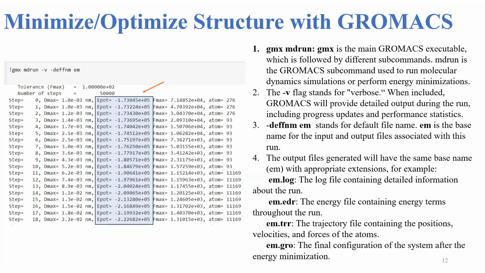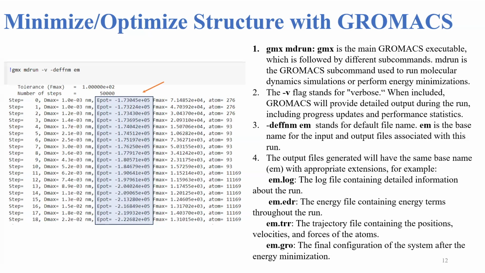We are doing gmx mdrun, where gmx is the GROMACS command, and we use the -deffnm em option, which defines where the output will be. EM is energy minimization. It produces several outputs such as em.log for detailed information about the run, em.edr, the file containing energy terms, em.trr, the trajectory file containing the positions, velocities, and forces of the atoms over the minimization run, and em.gro, the final configuration, which is a GROMACS file.